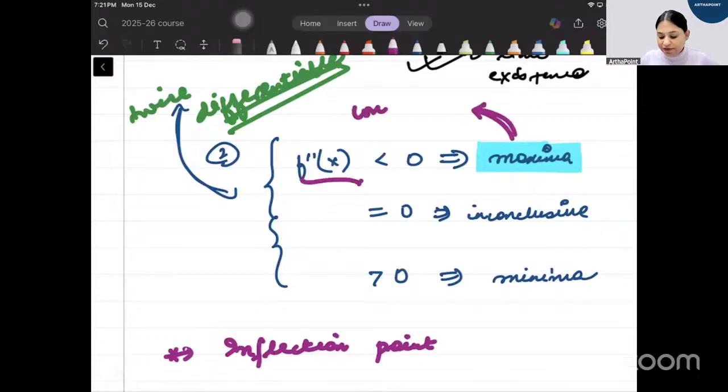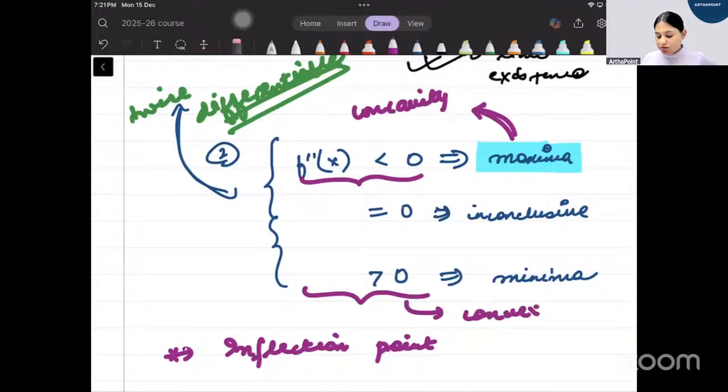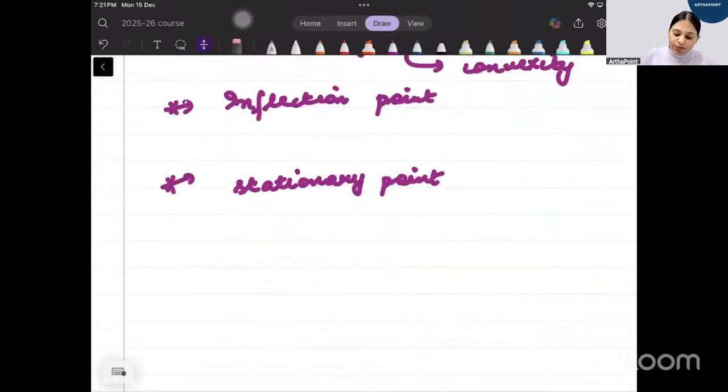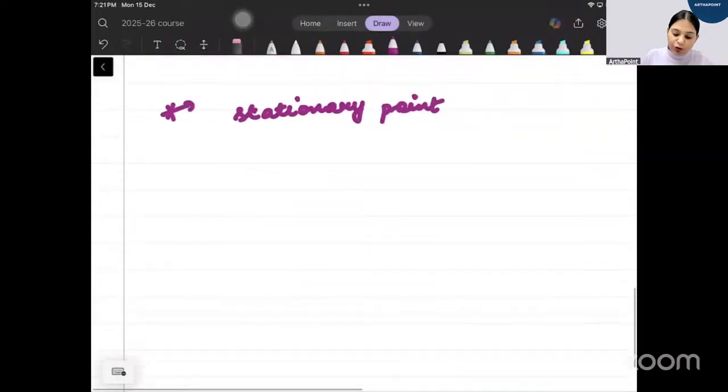Double order derivative negative माने concavity, and double order derivative positive माने convexity. ठीक है?